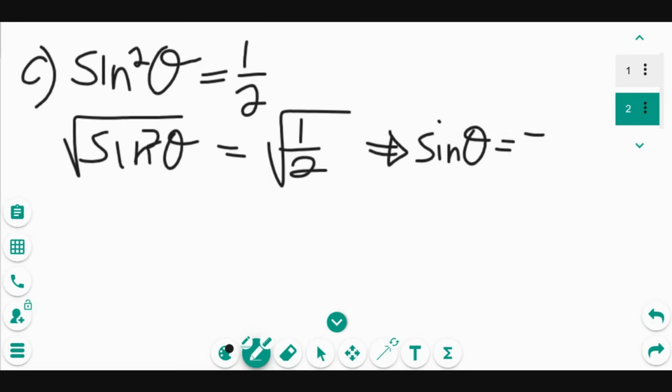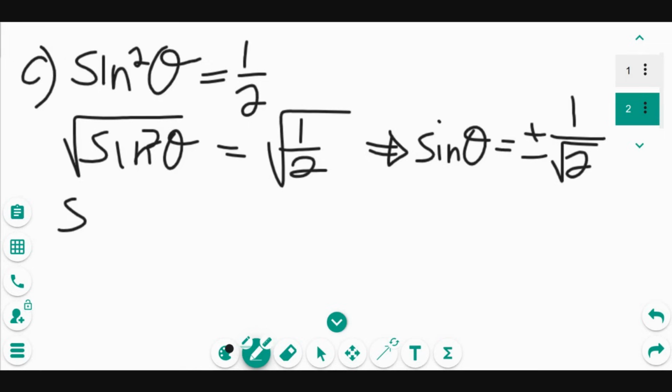One is positive and the other one is negative. The square root of 1 is 1. The square root of 2 is not a perfect answer, so I'll leave it in square root sign. 1 over root 2, plus or minus, those are two values.